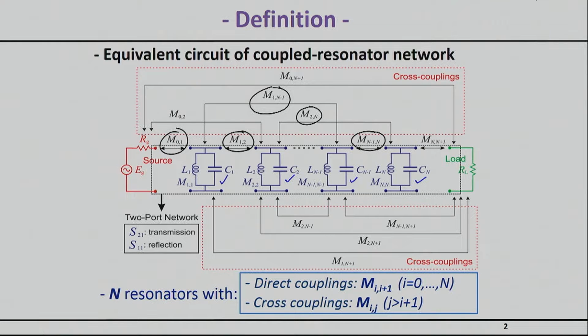A lot of times, people who lack this knowledge try to understand why, for example, an extra transmission zero or an extra pole exists. When you see something like this, it's almost certainly a parasitic coupling that you can actually get rid of. We also are going to assume that we have real loads, so a real load here and a real source here, and the rest of the things we've actually talked about before.